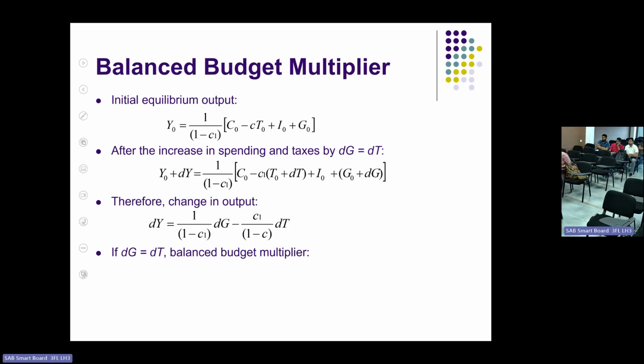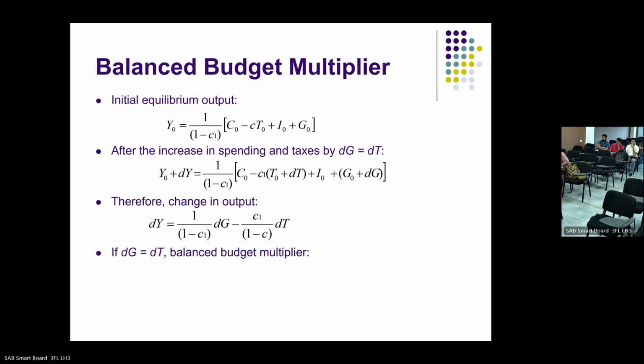The C0 cancels out, I0 cancels out, and the delta T0 also cancels out, and we have only the delta T and the delta G, right?